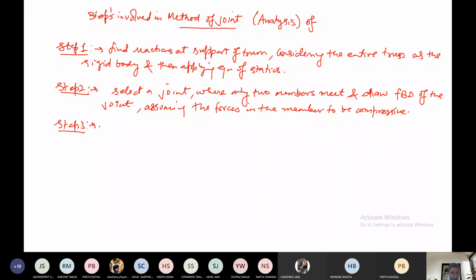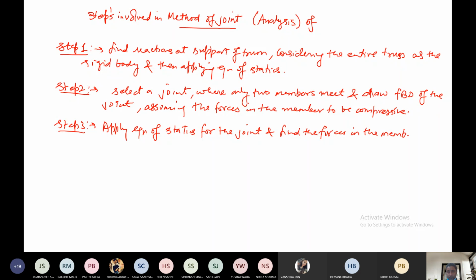Next is step number 3. Apply equations of statics for the joint and find the forces in the members meeting at the joint.